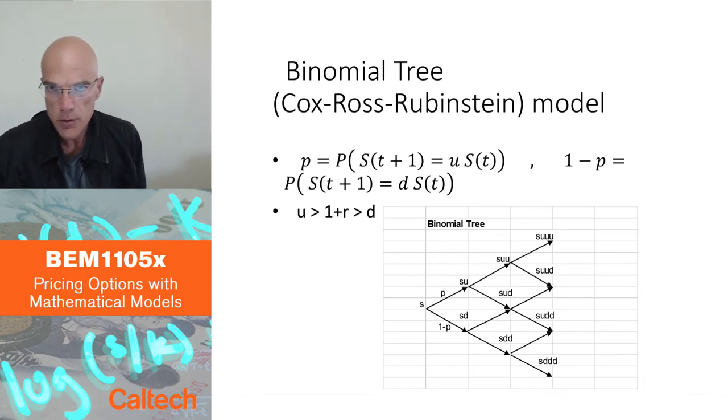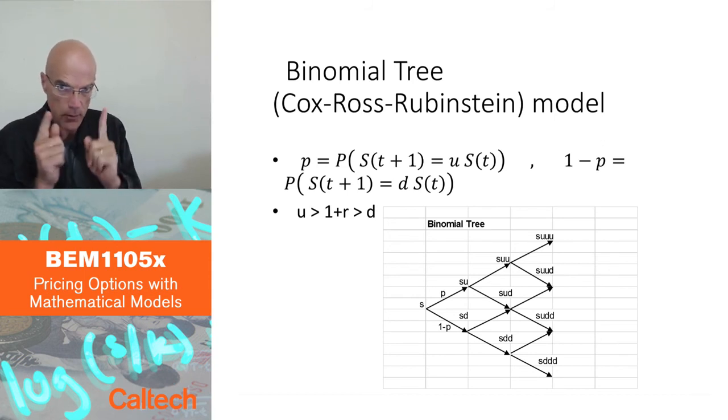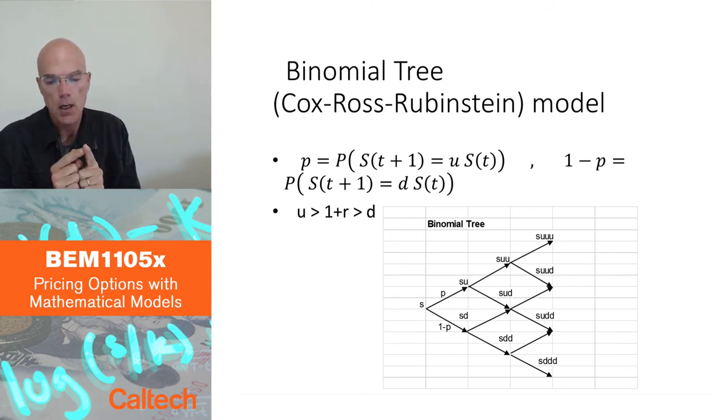They, in fact, introduced this model historically after Black-Scholes. In fact, a number of years later, in the 80s, and Black-Scholes was 1973. Even though this is mathematically a much simpler model, in fact, it converges, we'll talk about that later, it converges when the period goes to 0, to the Black-Scholes.